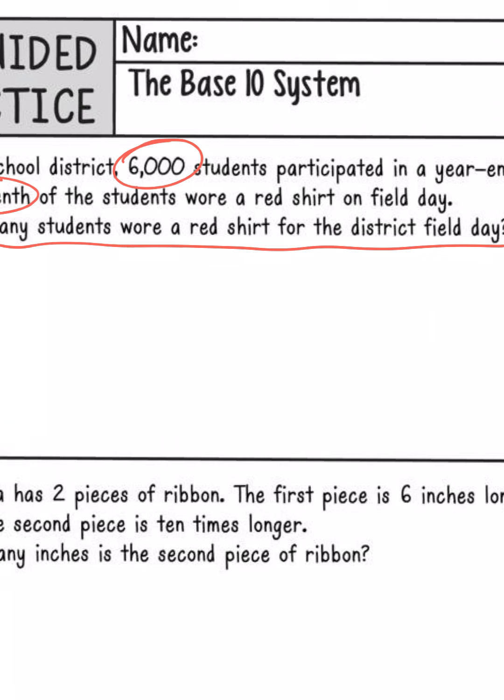Now it's 600. Why? Because you took 1/10 from 6,000. And so taking 1/10 of it is the same as taking a 0 away, or dividing by 10. So if I did 6,000 and I divided by 10, then I would have 600 left, which is my answer.